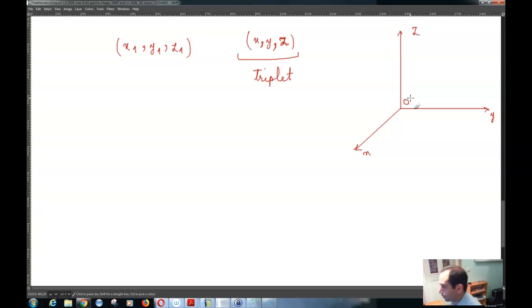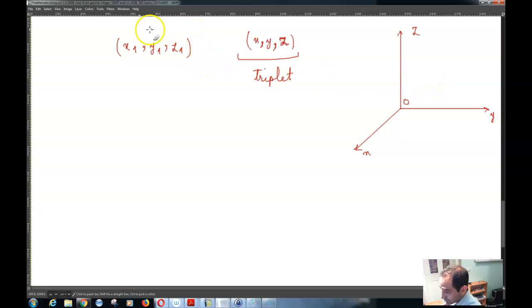Either you have some point over here, and using the coordinate system you will be able to assign 3 numbers, called the triplet, to that point, and thereby define the location of that point in space.